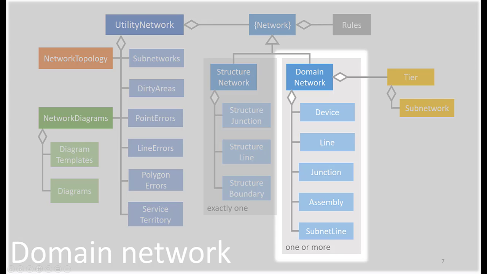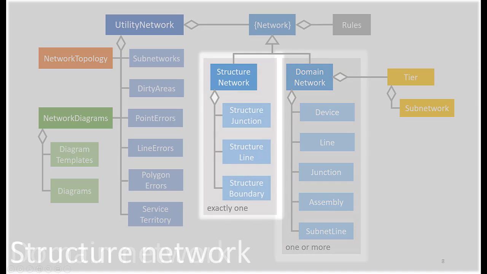The next thing I'd like to cover is the structure network. So regardless of domain or commodity, regardless of whether it's electric, gas, or water, you're always going to have a structural network. And the structural network feature layers are always going to be junctions, lines, and boundaries. So for an electric, a junction could be a pole. If it's for a gas, it could be a frame or a platform to support the pipes.